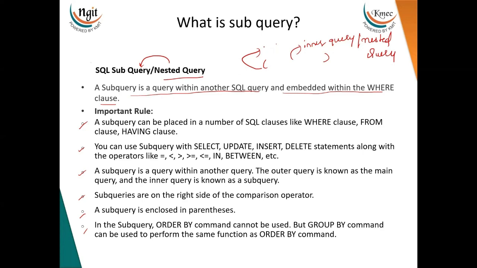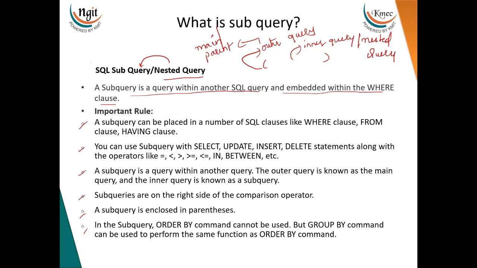The query which is present outside this inner query is known as the outer query, or you can call it the main query, or the parent query. It is not that an inner query can be written only once inside the outer query. There can be n number of nested queries represented inside a subquery.